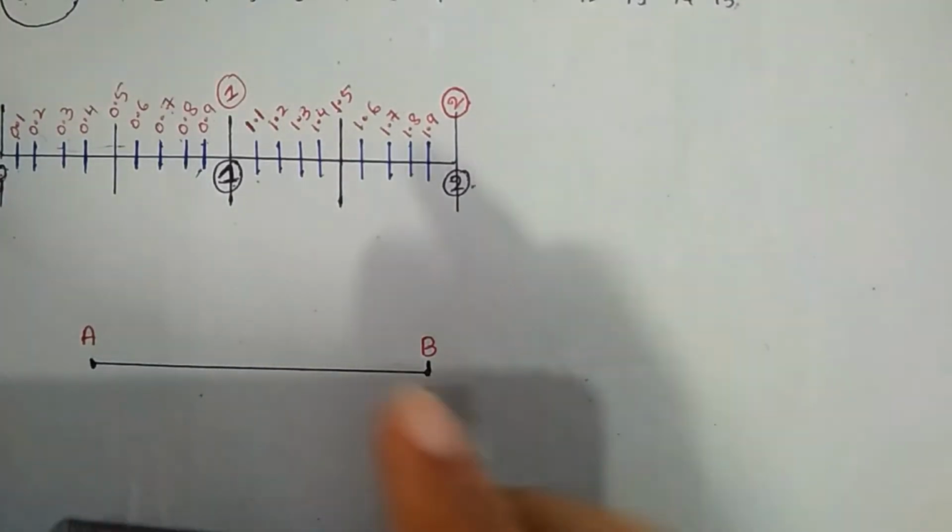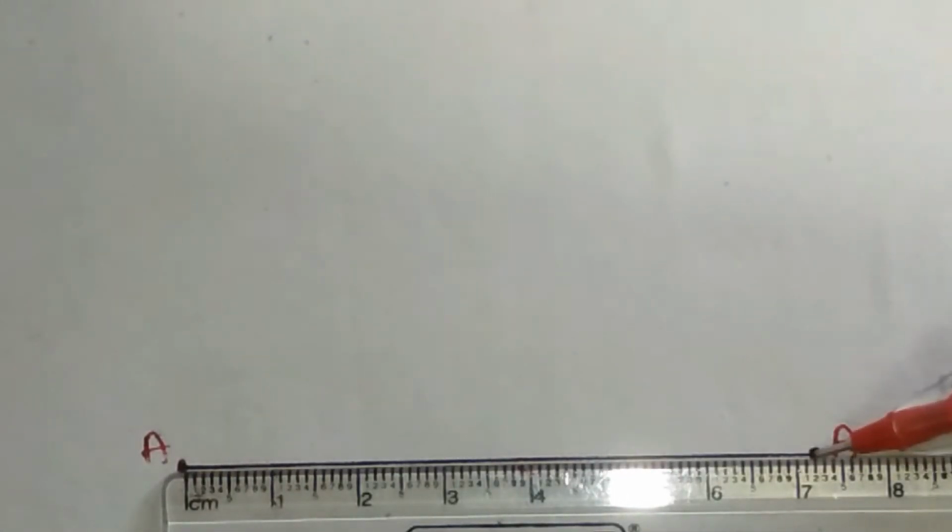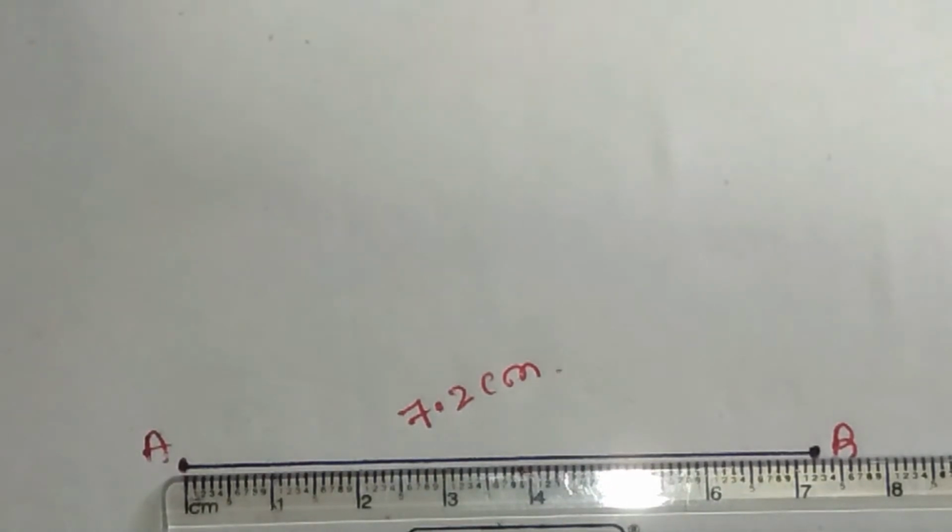So what is the measurement of this? Here I have zoomed my mobile camera for you to understand it very clearly. Now what is the measurement of this line segment? Can you see here clearly? From 0 to, here you can see 7.2. What is the length of this line segment? It is 7.2 centimeters. You can see it clearly.